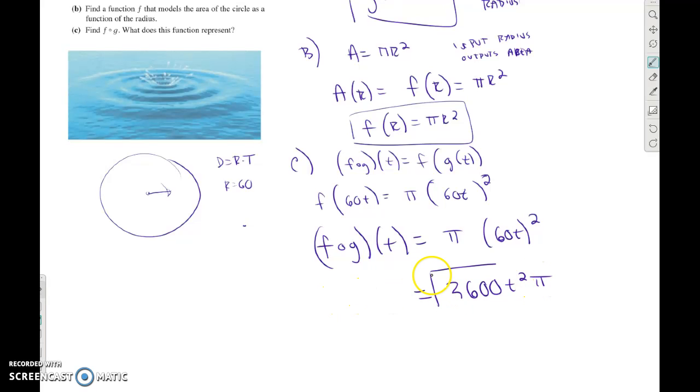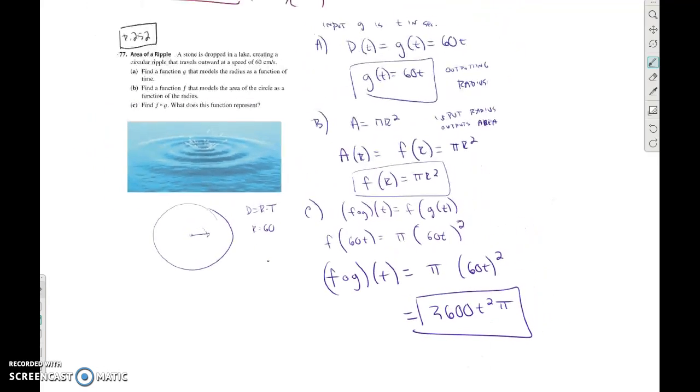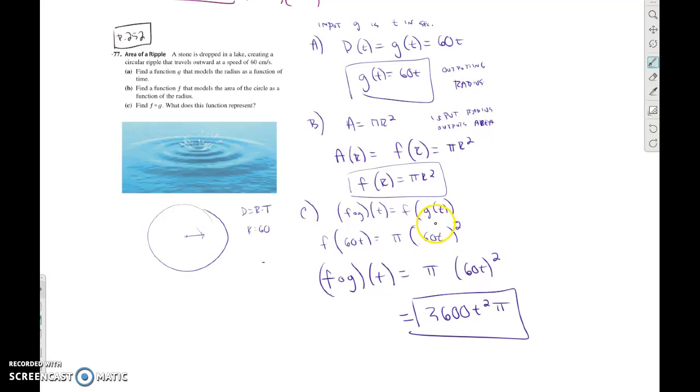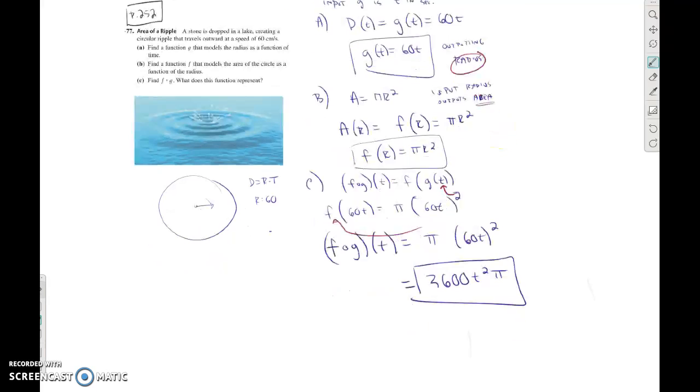So there's my composition. Now, what does this function represent? Well, this is the function that you first plug time into g, and then g is going to output the radius, and then we're going to take that radius and input it into f, and when I input the radius into f, it outputs the area. So what does this function do?